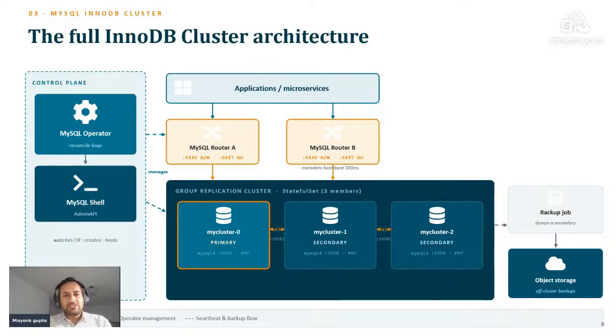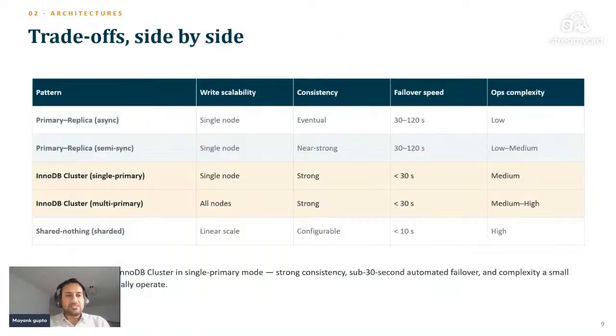Those are the trade-offs you have to balance, and that's how we decide whether to have single primary, multi primary, or a midpoint somewhere. How do you decide what is good for your application? That depends on the scenarios you're looking at.